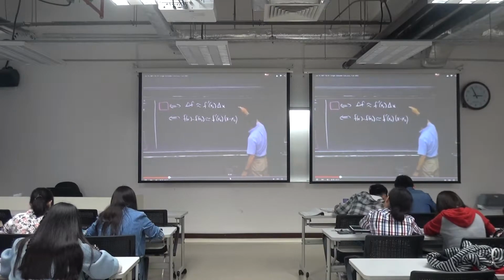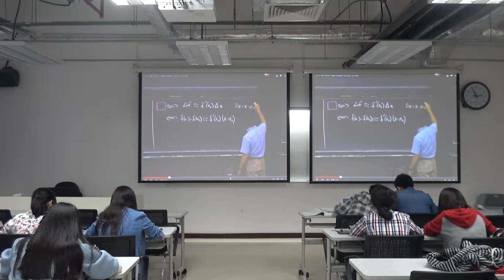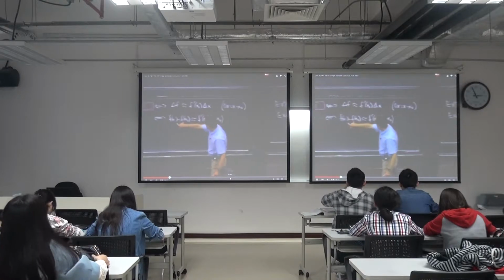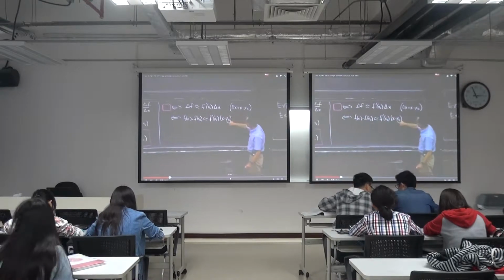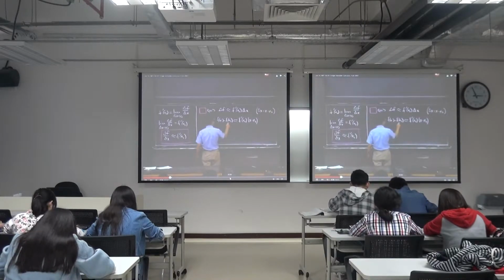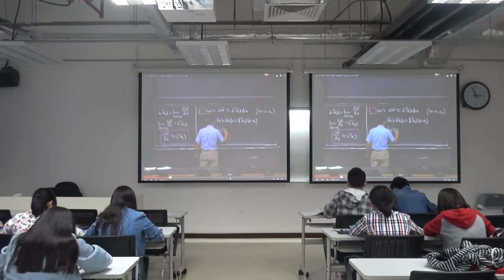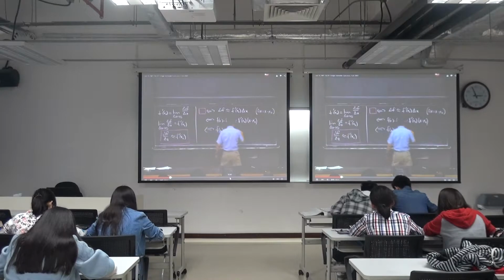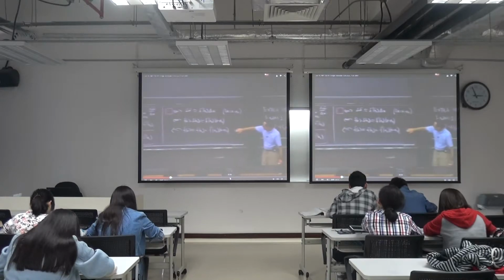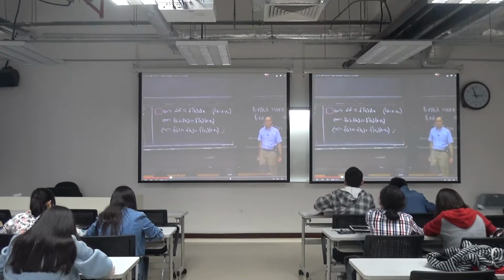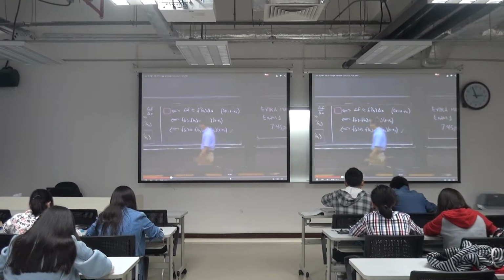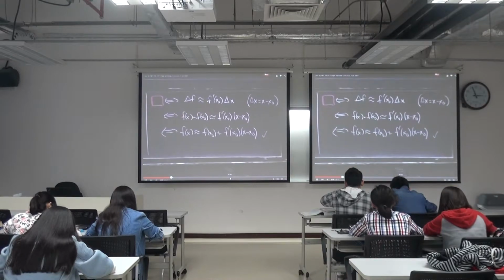So here I'm using the notation delta x is x minus x0. And so this is the change in f. This is just rewriting what delta x is. And now, the last step is just to put the constant on the other side. So f of x is approximately f of x0 plus f prime of x0 times x minus x0. So this is exactly what I have here, just to begin with. Right? So these two are just algebraically the same statement. Just one other way of looking at it.